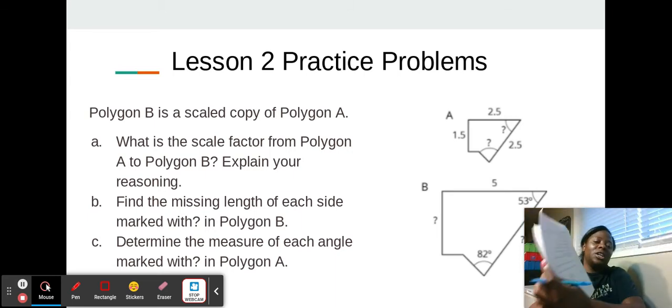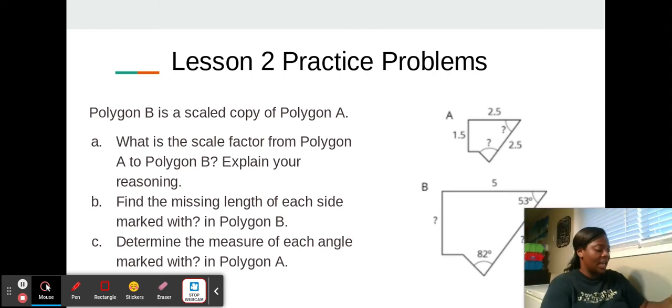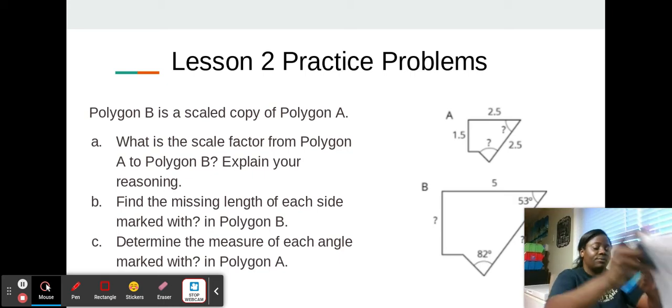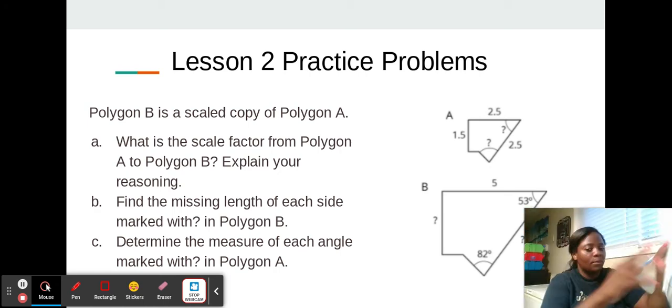By now, I'm really hoping somebody yelled out 3. Then we had that other side, which was 2.5 again, but we already said 2.5 times 2 was 5. So this missing side should also be 5. So from there, we labeled those sides.